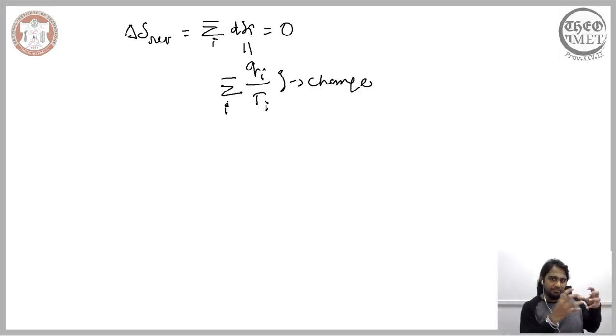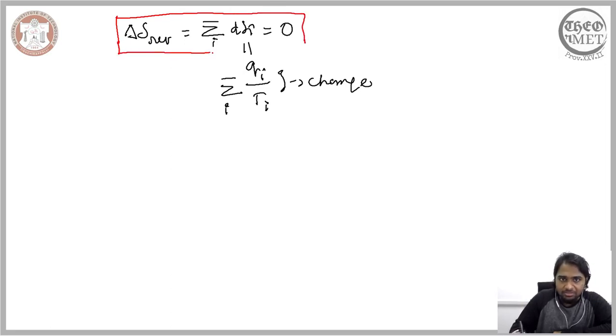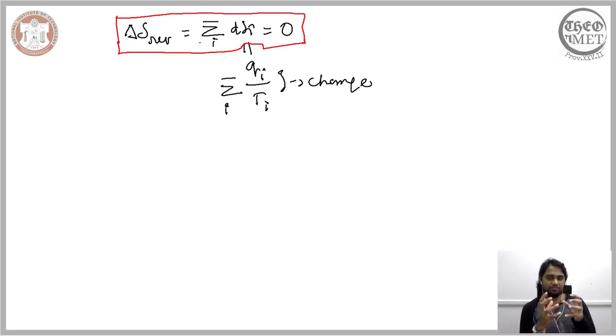So from the very description of the reversible process, that all the changes that occur in the system are reversed, we are able to arrive at the criteria that the overall change of entropy during a reversible process is 0. We considered a simple example, and from it we arrived at this criteria. So whenever we talk about a reversible process, we need to ensure that the overall change in the entropy is 0. Only then is the process that we see a reversible process.